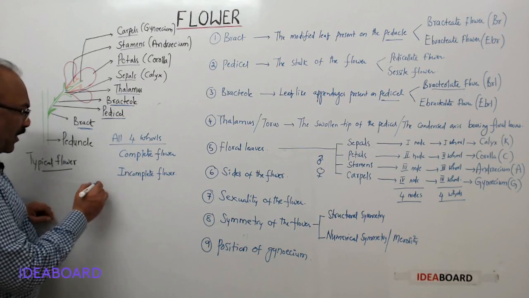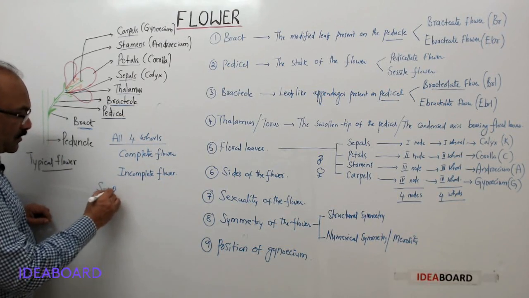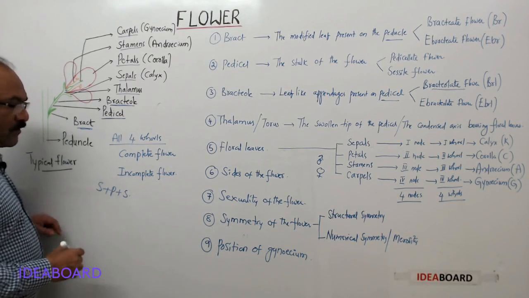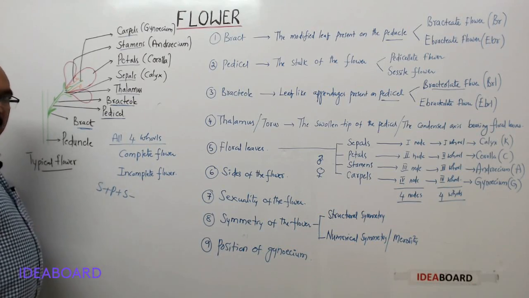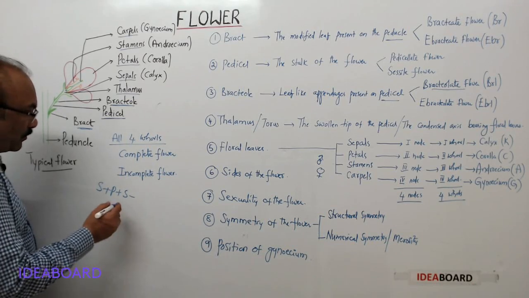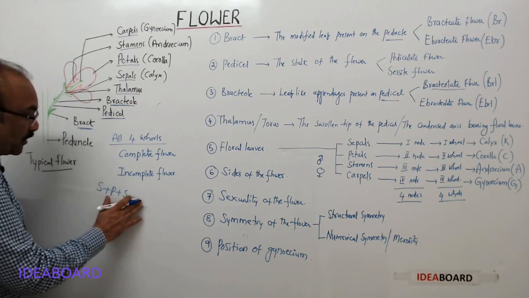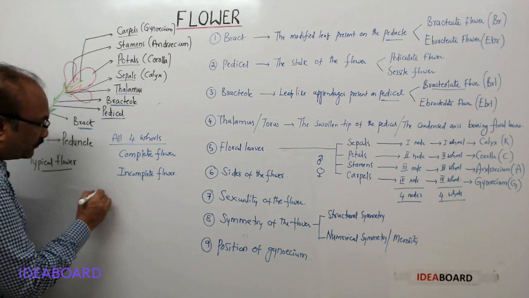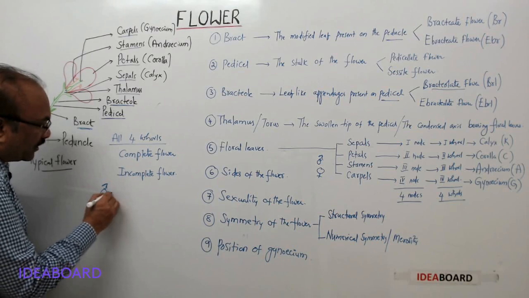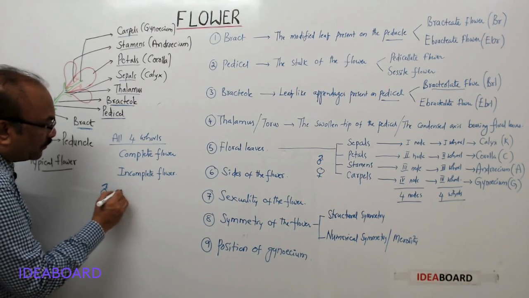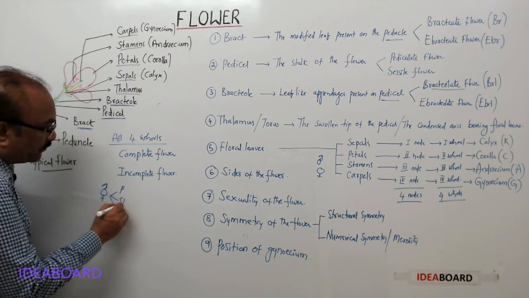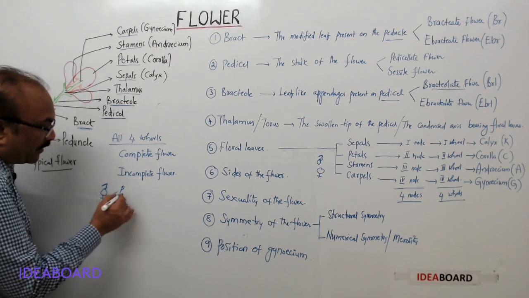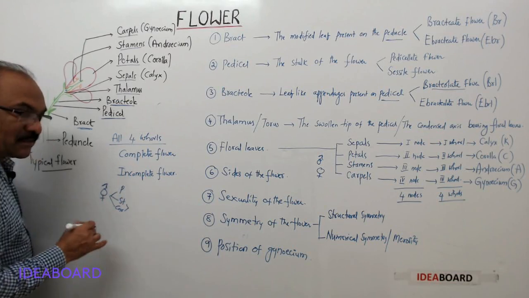A flower may be having sepals, petals, and stamens only. What is missing? Gynoecium is missing. Suppose a bisexual flower is having petals, stamens, carpels. So bisexual, but sepals are missing.